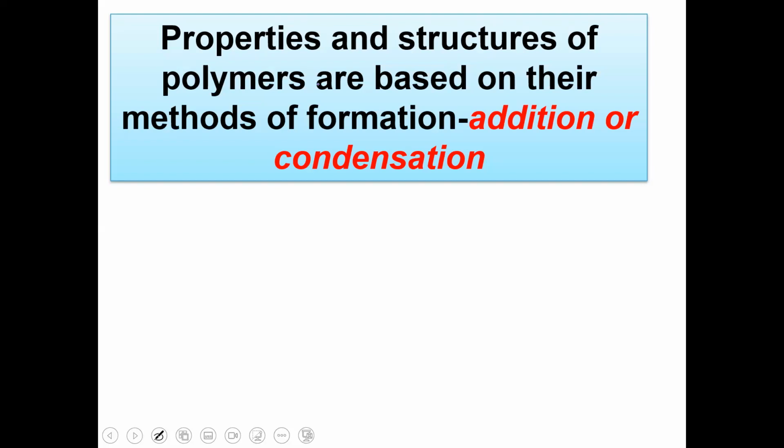Properties and structures of polymers are based on the methods of formation. This is my second concept in this article: when you want to make a polymer and you want certain properties, you want to make a plastic. You want to make a plastic for making a bottle. That plastic should be hard. You want to make a plastic for shopping bags, and that should be soft. So you have to first decide whether you are going to apply addition polymerization or condensation polymerization. So you have to copy this.